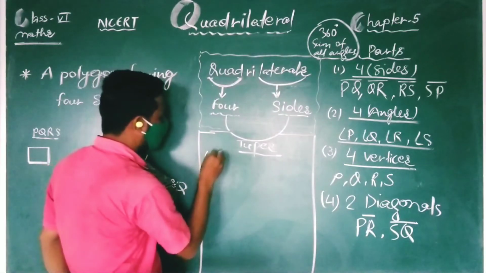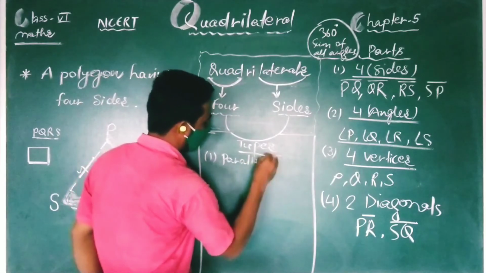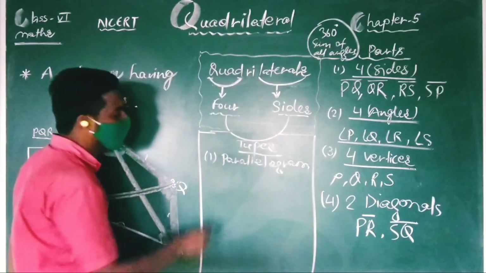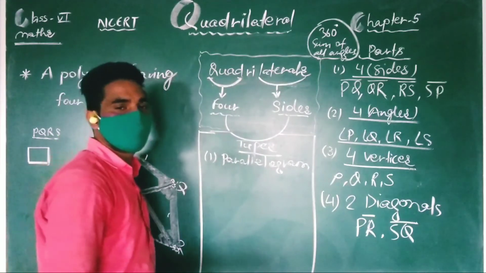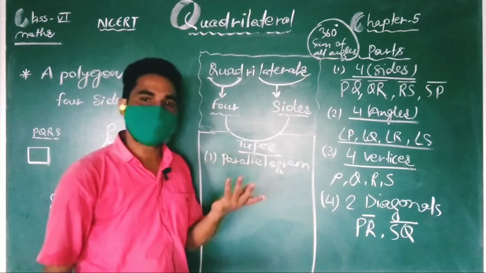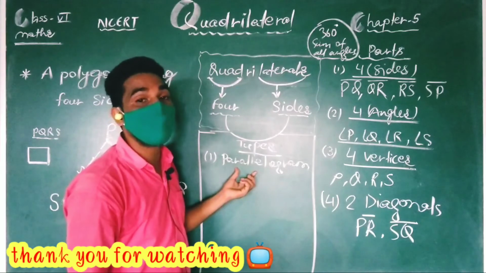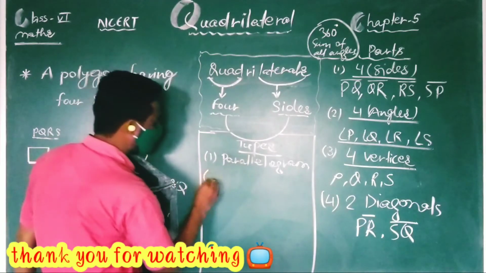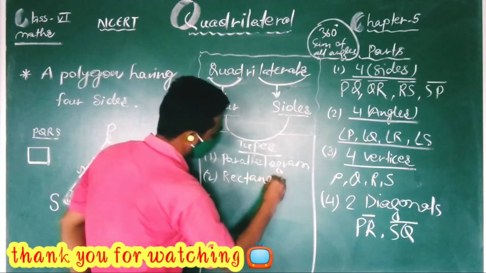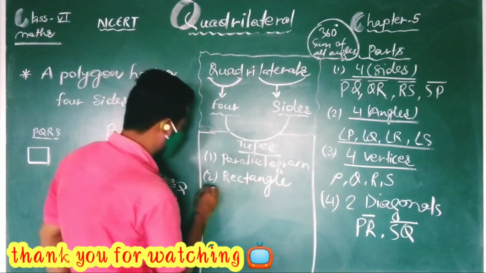The first type is the parallelogram. In a parallelogram also 4 sides will be there. Yes, it is a type of quadrilateral, but it will have a special property, so it is called a parallelogram. The second type is the rectangle. There is a little difference between a parallelogram and a rectangle; I will discuss it in detail.